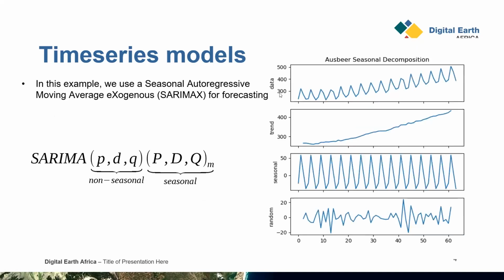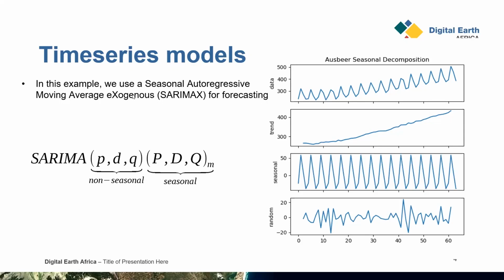I don't want to spend too much time on the real technicalities of the time series model. I'll just go through what's important to understand. For the notebook, we have used a seasonal autoregressive moving average exogenous algorithm for forecasting, or SARIMAX. It's a variation on a number of different time series forecasting algorithms that stem from ARMA, which is autoregressive moving average.